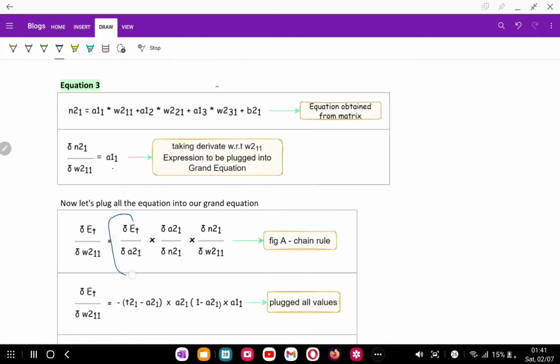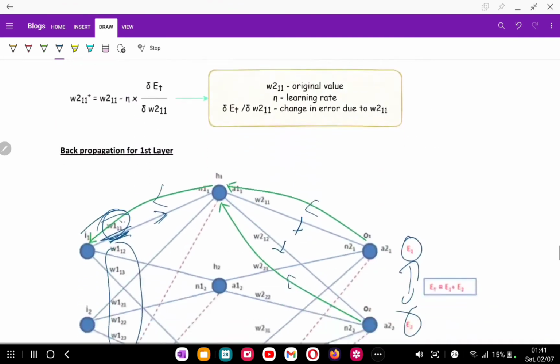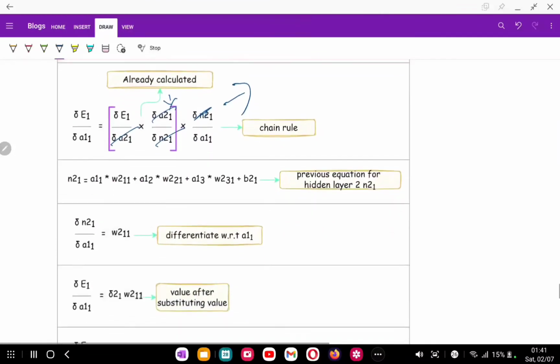As you can see, same equation, ET is E1, because as we know W211 is only contributing to E1, there is no E2 involved. So this is the same equation as we have here. So we already know its value, which is this.